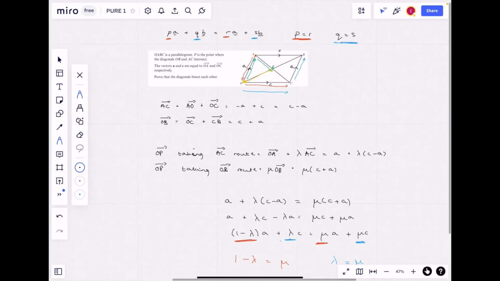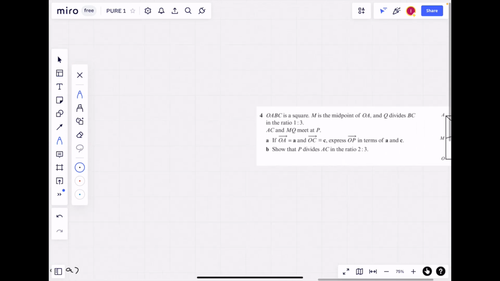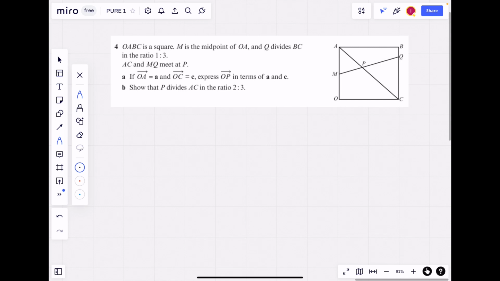That means P is the midpoint of both AC and OB, which means they bisect each other, the two diagonals. That was a lot, but I hope it made sense. If it didn't, watch that back as many times as you want. If you feel like you're ready, I want you to try that question for me, please.